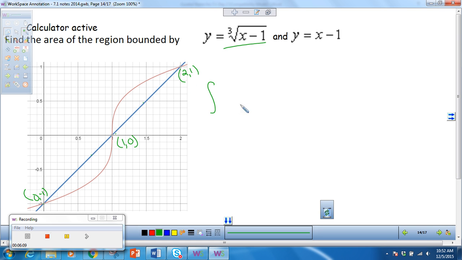So my first curve would go from 0 to 1, and the blue function is on top, so it's x minus 1 minus the cube root of x minus 1, plus, I would integrate from 1 to 2. Now the red function is on top, so it will be the cubic root of x minus 1 minus x minus 1.